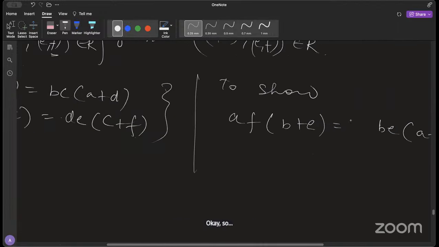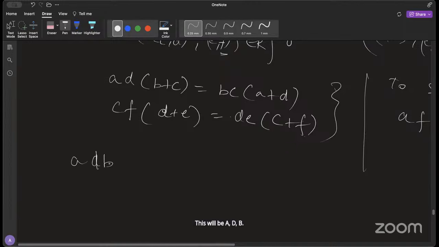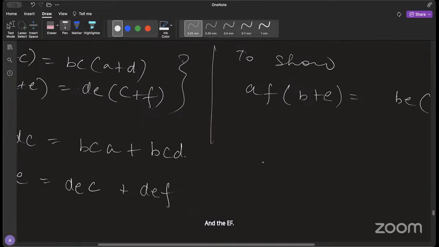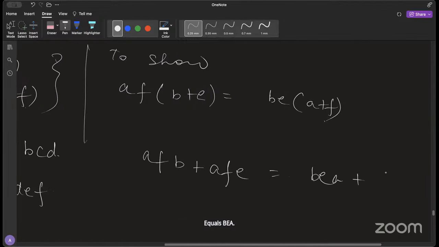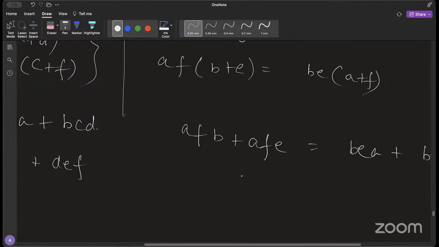So this will be ADB plus ADC is equals to BCA plus BCB. And this is CFD plus CFE is equals to DEC and DEF. And this one's AFB plus AFE equals BEA plus BEF.